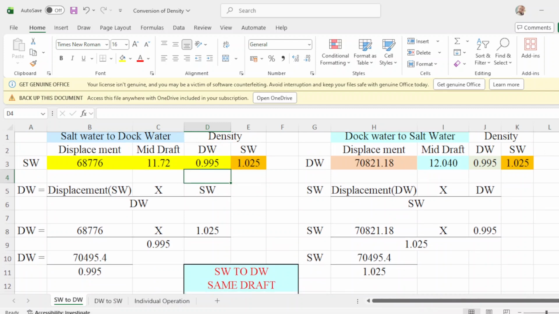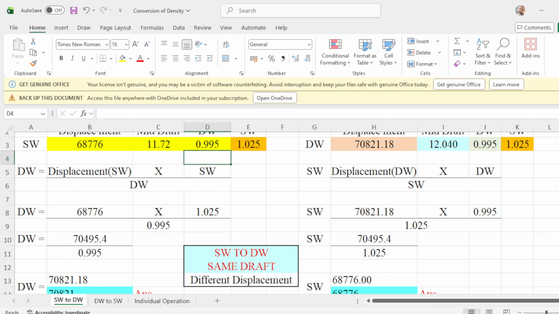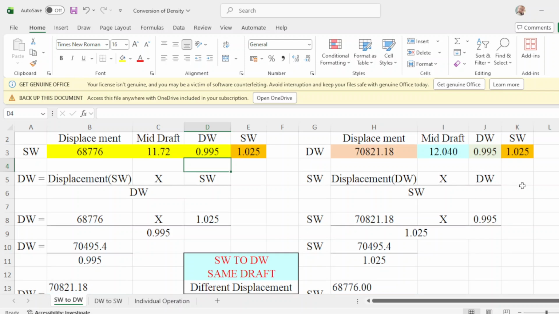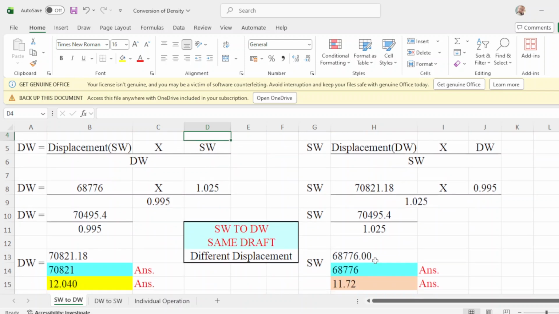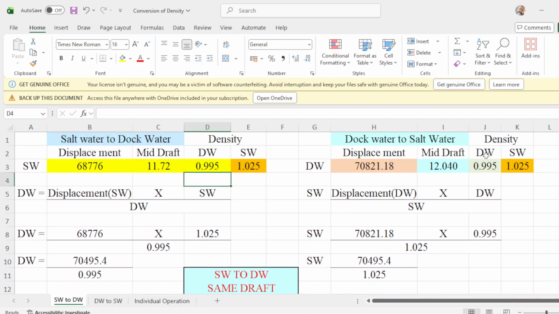So your dock water displacement is 70821, this one, of your dock water draft of 12.04. This one, okay, times your dock water density of 0.9954 and your standard salt water 1.025.